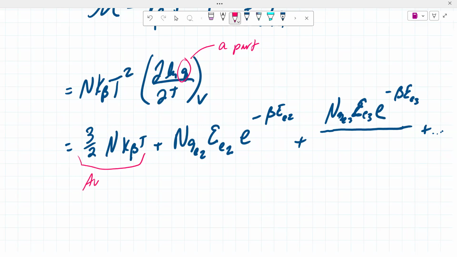This is your average kinetic energy. This is going to be your average electronic energy.